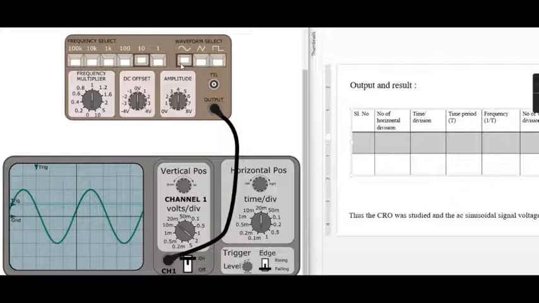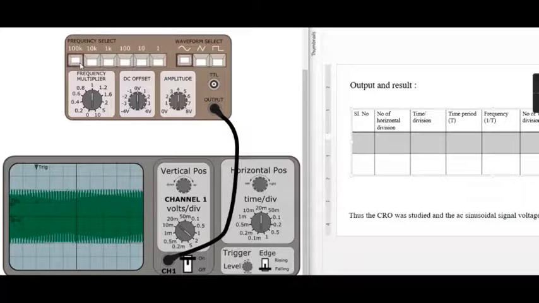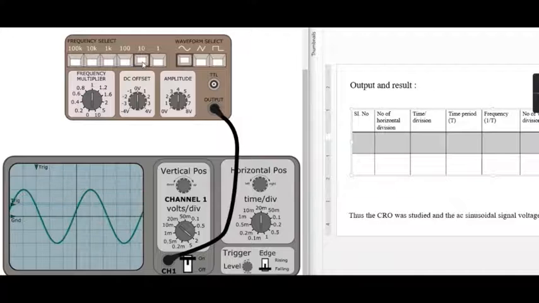We will click on this sine waveform, and these are all the different frequencies of the sine wave. You can choose any frequency and you can vary the frequency by using the knobs. And this is your amplitude, voltage amplitude. You can vary the voltage of your sine waveform. And you can connect the output to the channel 1 input of your CRO.